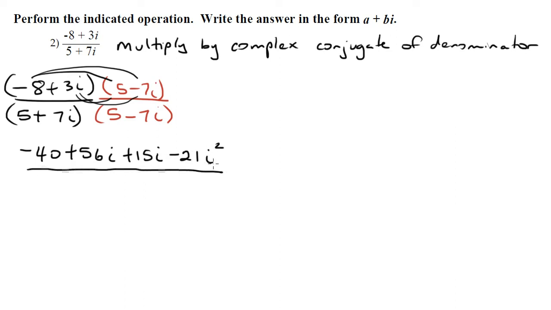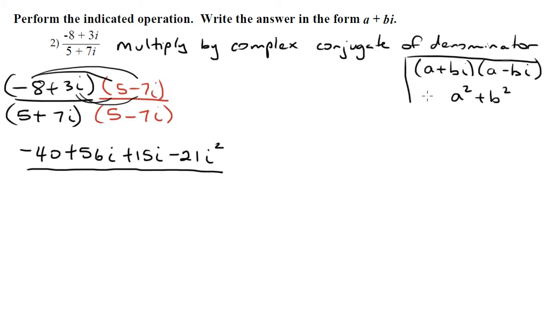That's my numerator. Now what you might remember is when we're multiplying complex conjugates, something special happens. A plus bi times a minus bi becomes a squared plus b squared. Do you remember that relationship there? So 5 plus 7i times 5 minus 7i should become 5 squared plus 7 squared, 25 plus 49.